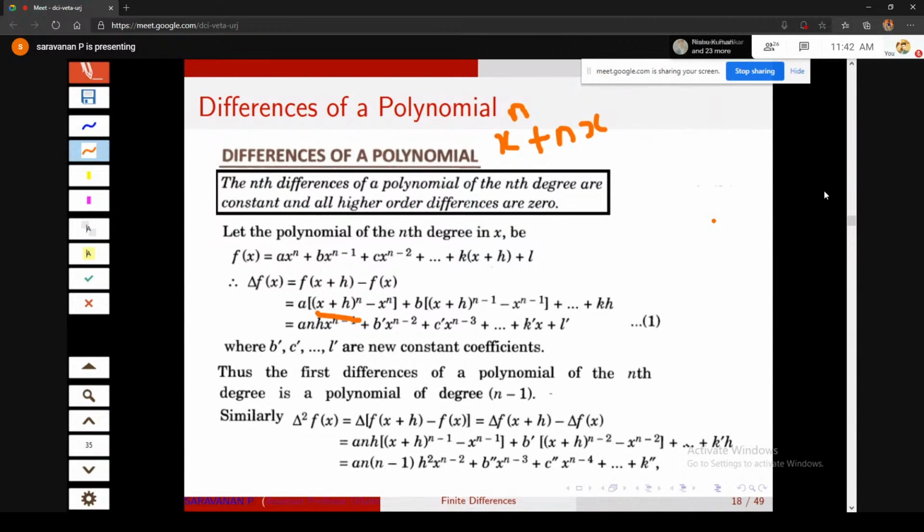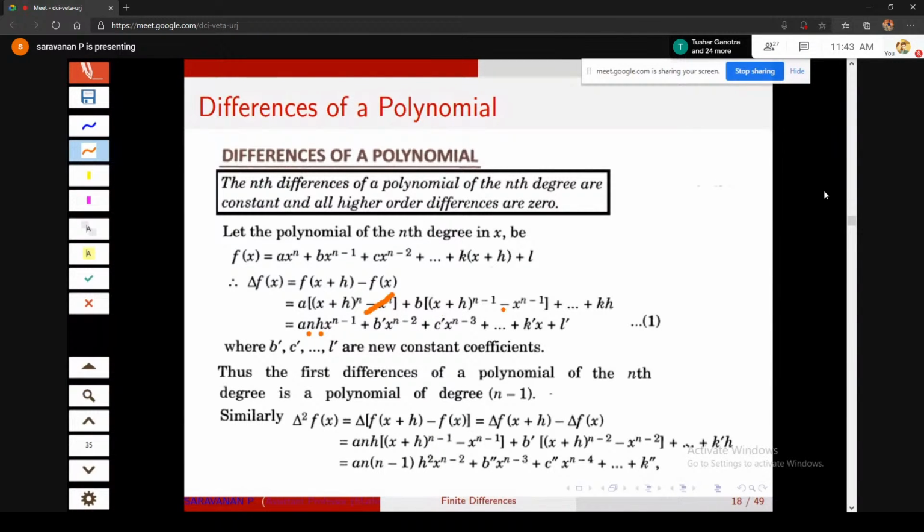So first term is x power n and we have got minus x power n, so that will get cancelled. So in this term it will actually start from x power n minus 1 term. And what is the coefficient? n x power n minus 1 h.